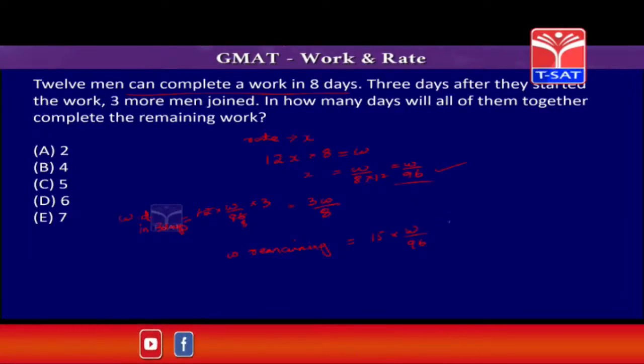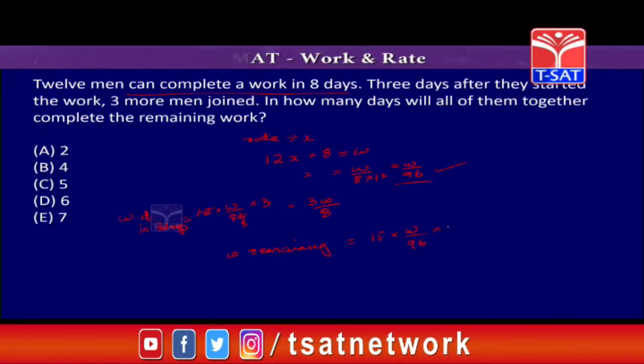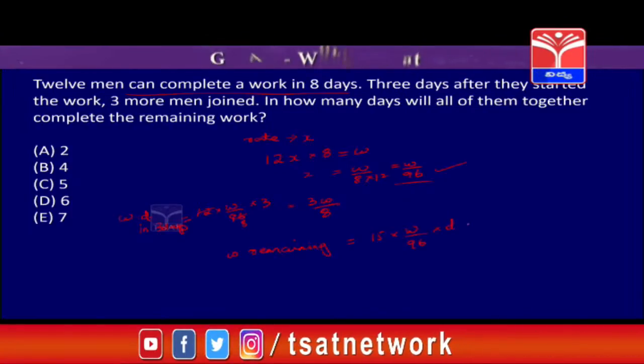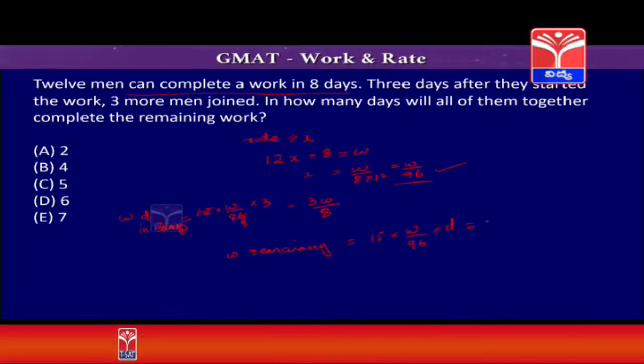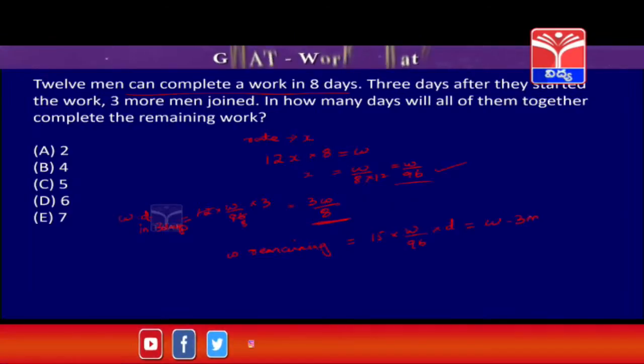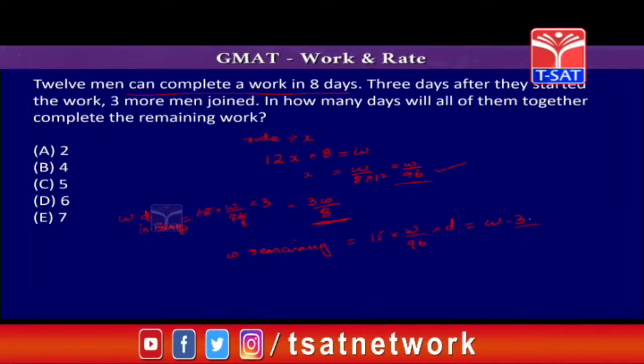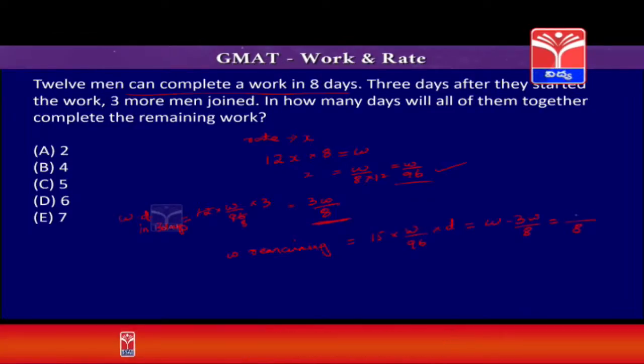So 15 into W by 96 into however many days they take, D, should be the work that is remaining. We know the total work is W, and this much work is already done, that is 3W by 8. So we remove 3W by 8, which is 8W minus 3W, that is 5W by 8.